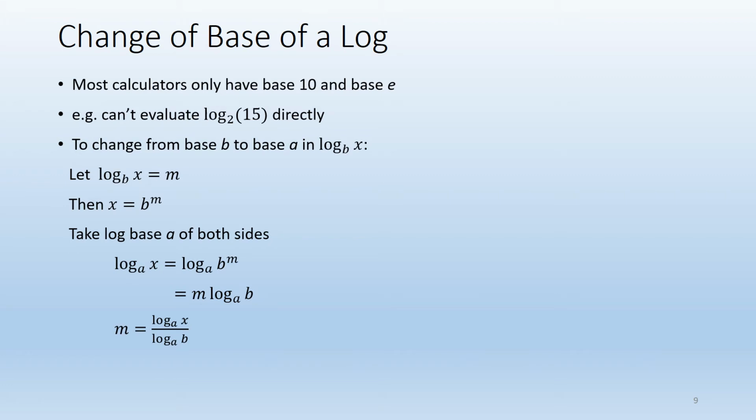Making m the subject there, we'll get m is equal to the ratio of those two logs. And then the m is, of course, what we're trying to find. That is log base b of x. So there we've changed the base from log base b, like 2 in the example, to some other base, like 10 or e, that we can calculate on our calculator.